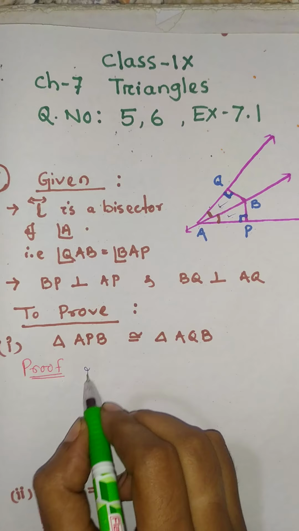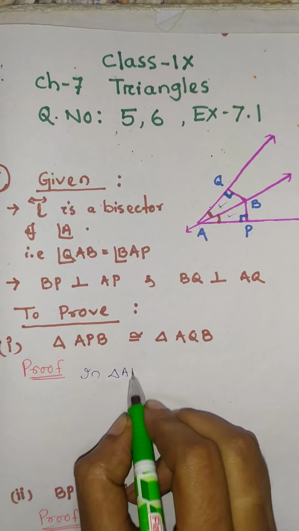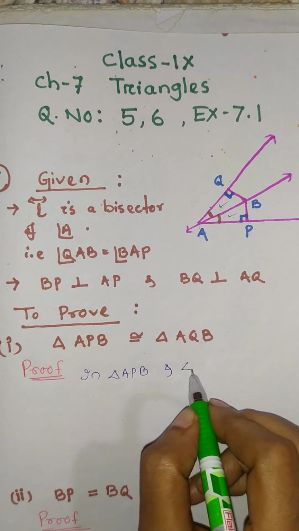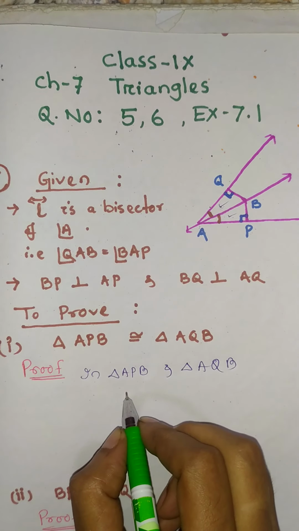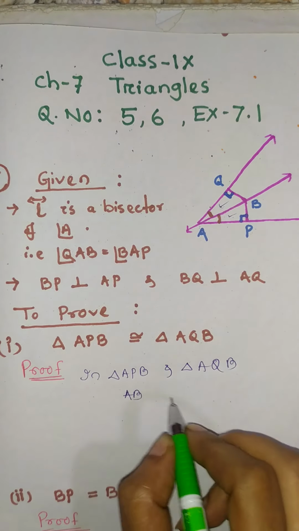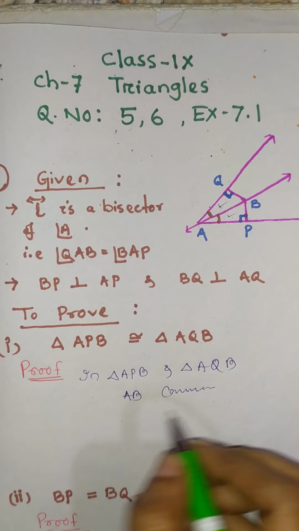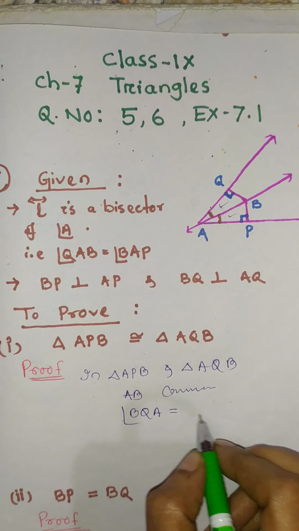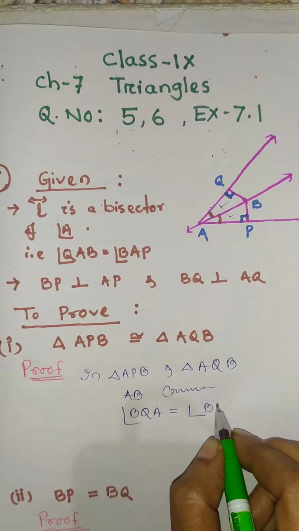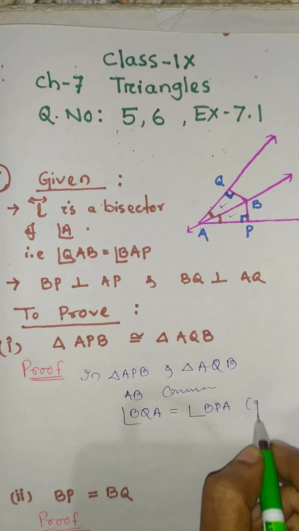So write down, in triangle APB and triangle AQB, we have AB as common, angle BQA is equal to angle BPA, it is given.